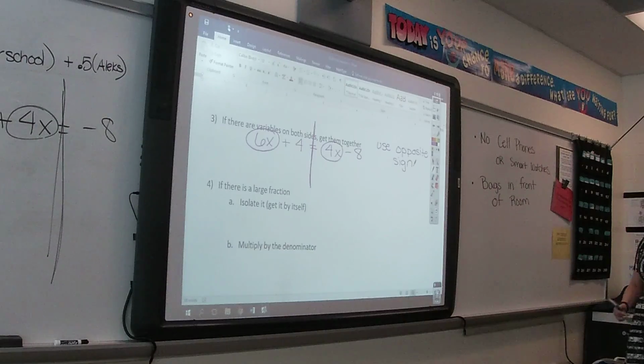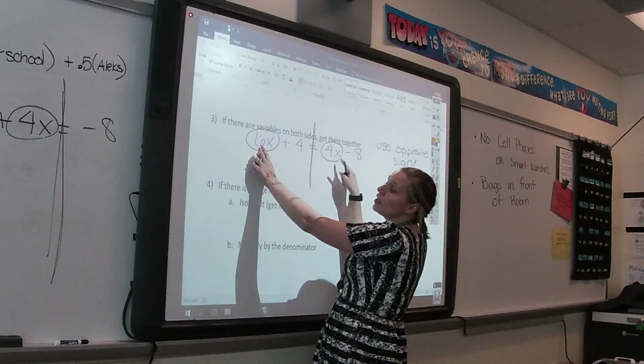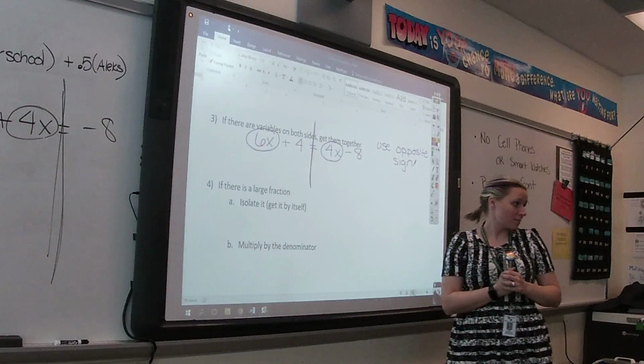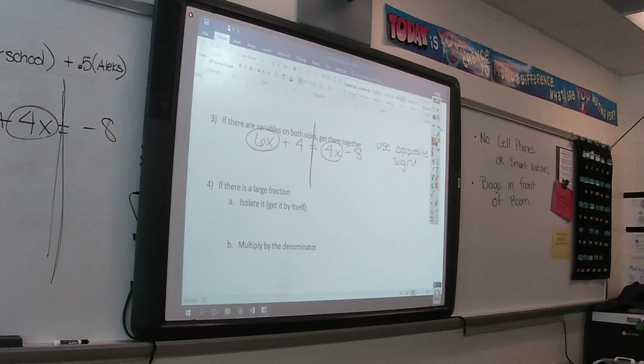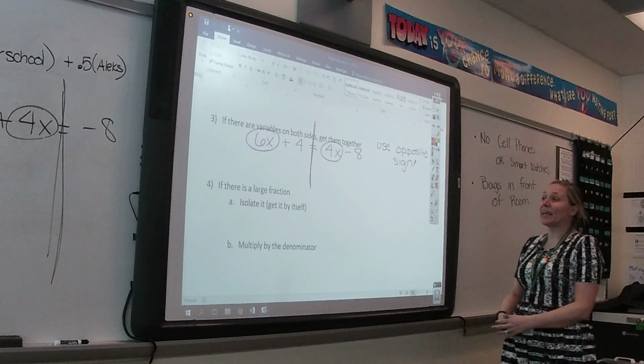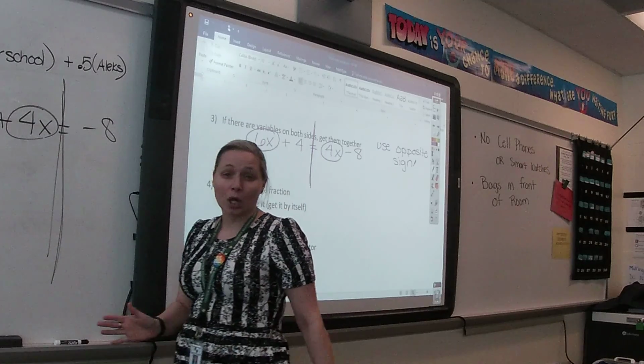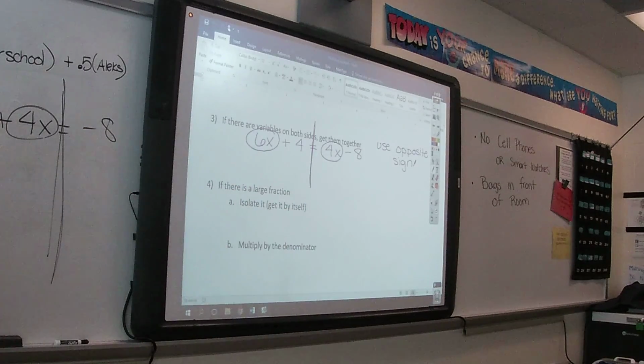You can technically move either of these that you want to. I tend to be the type of person who always moves to the left, just when I'm thinking on my own. A lot of my students like to avoid negatives, so they'll always move what's smaller. There isn't a rule. Does anybody have a preference as to whether they would want to move the 6x or the 4x? I think almost everyone in here, for whatever reason, would move the 4x.